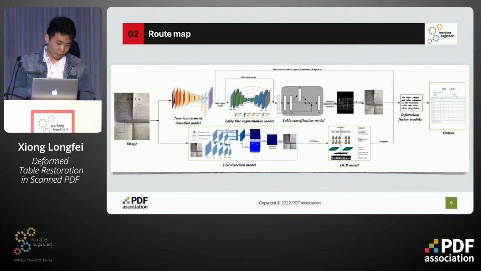This is because we found it difficult to handle all the types of tables with the same scheme. Finally, we combine the results of text, images, and cells to obtain a complex table expression as XML or other formats you may need.